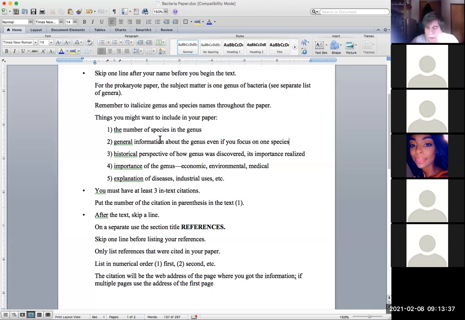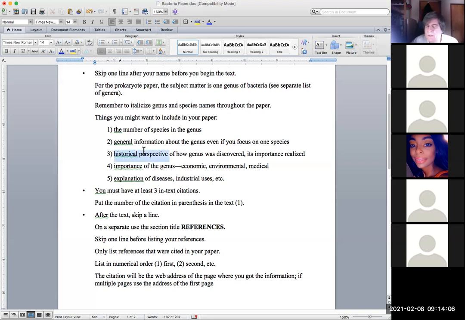I don't want to be too prescriptive and tell you exactly what to include, because partly what you include will depend on the type of bacteria you choose to write about. There are some of those genera on the list that have only one species in the whole genus. So if you do that, pretty much you're going to be talking about that one species, because that's all there is.